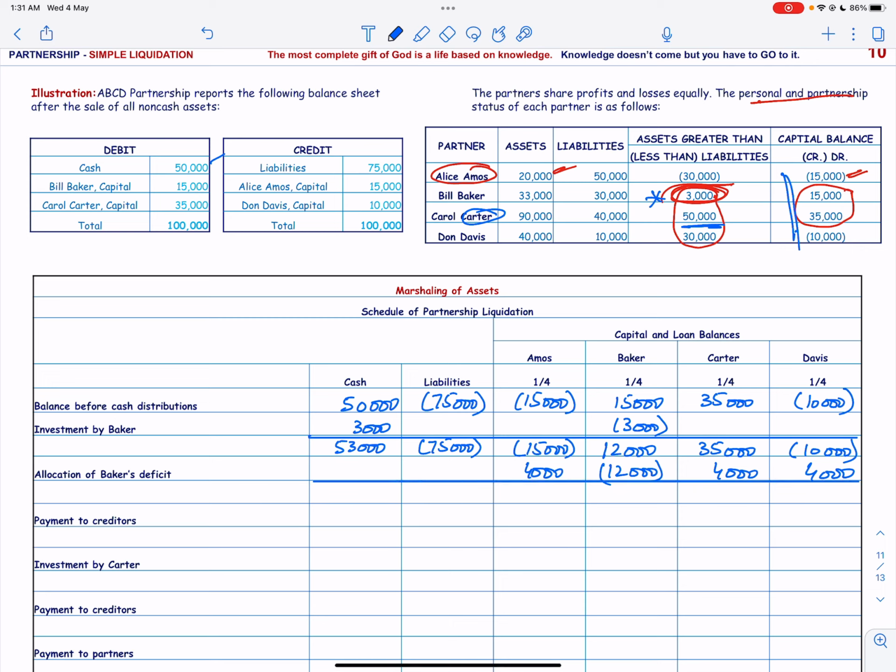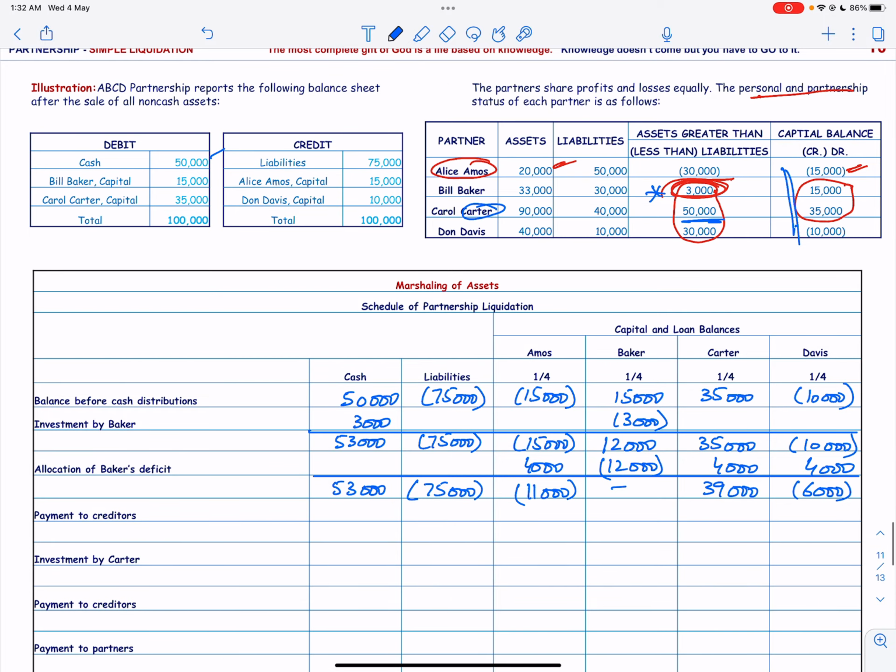So the total is 53,000, 75,000, 11,000, 39,000 debit balance and 6,000 credit balance.